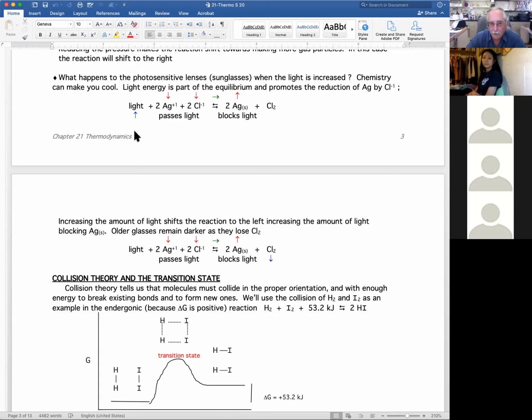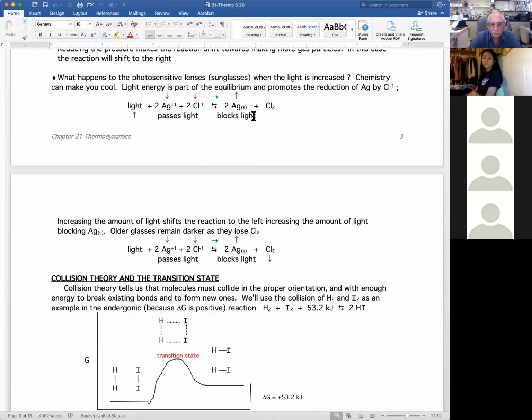Light is a reactant, which pushes the reaction this way. So we form elemental silver, which blocks the light. We form chlorine gas, which is now trapped in the plastic or in the glass. If you take away the light, then it goes back this way.